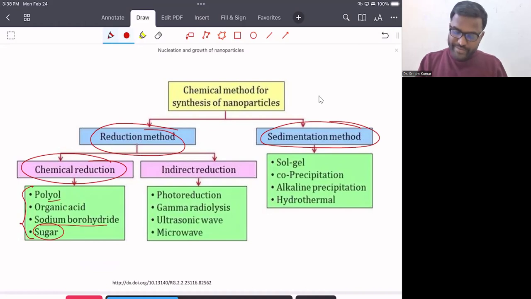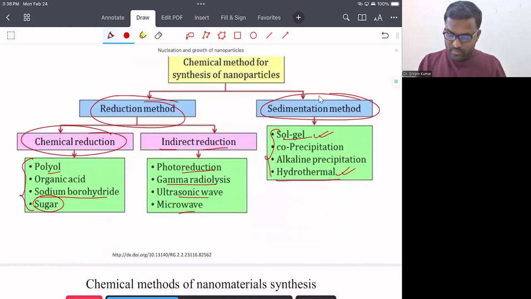We can also use indirect reduction using photo reduction, gamma radiolysis, ultrasonic waves, and the microwave technique. In the sedimentation method, we have the sol-gel, a very important method, and the hydrothermal technique. These are the widely used methods, sol-gel and hydrothermal techniques. So we will have an understanding of these techniques for nanomaterial synthesis.